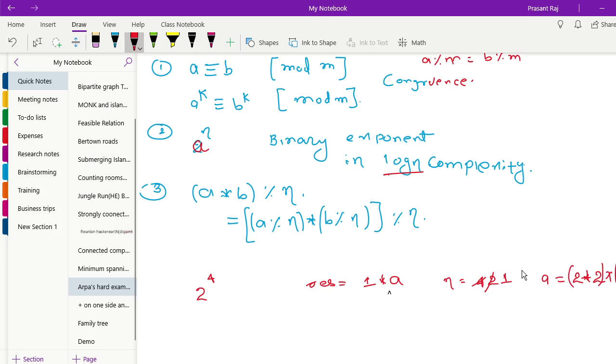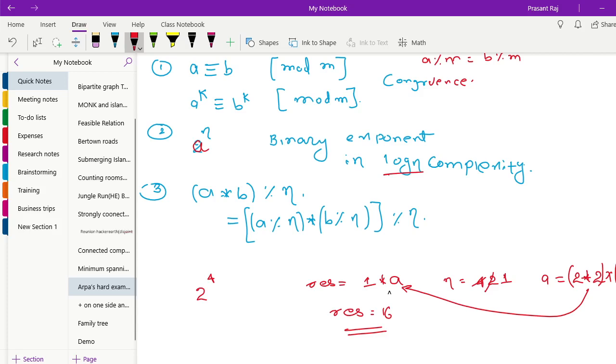So result equals 16. This is the method of calculating the exponent in log n time.